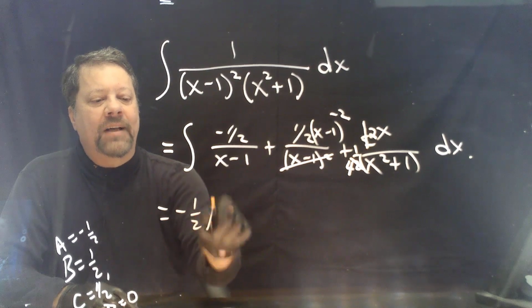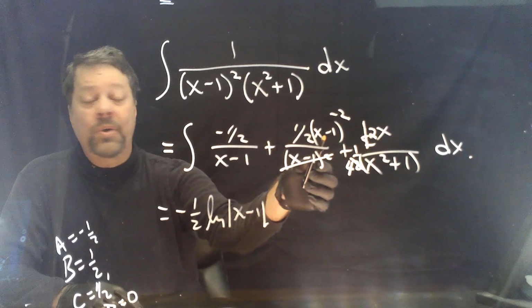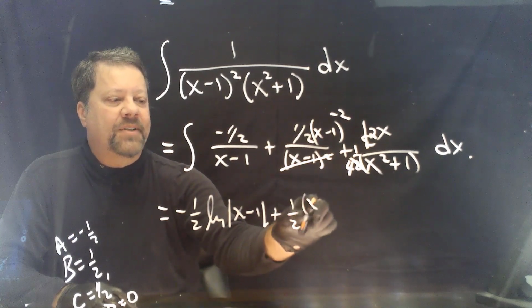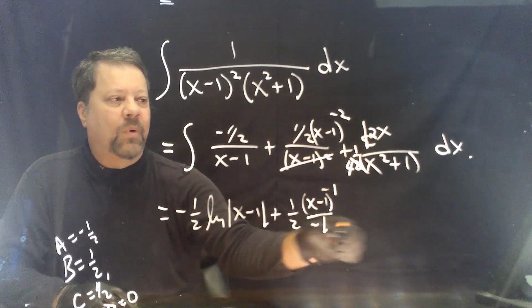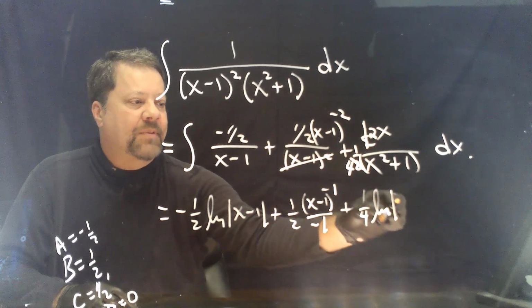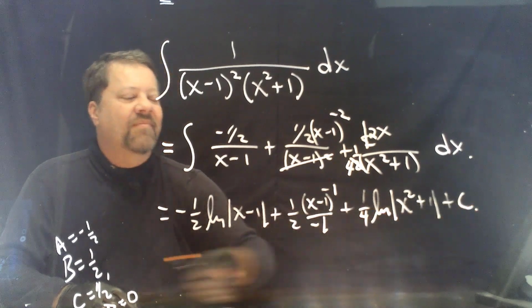So we get negative 1/2 log absolute value of x minus 1. We'll use the power rule to write the next term as x minus 1 to the negative 1 divided by negative 1 plus 1/4 log absolute value of x squared plus 1 plus c.